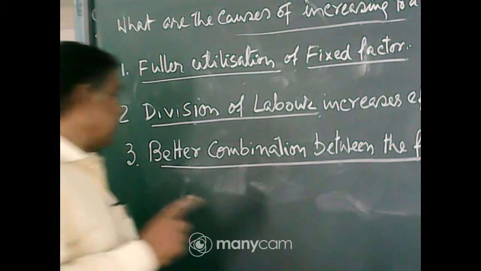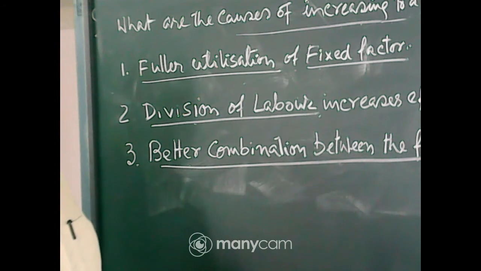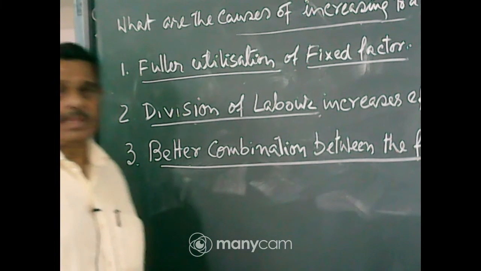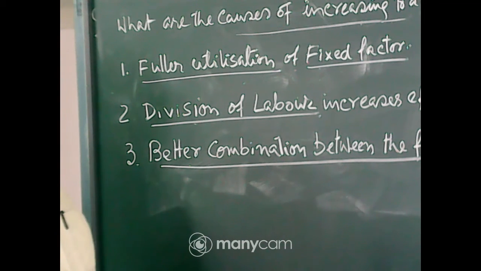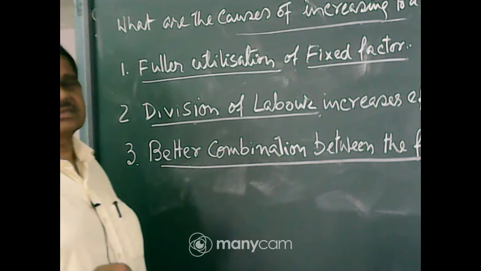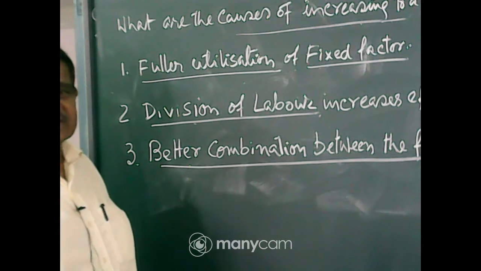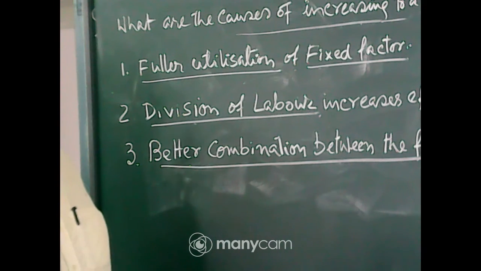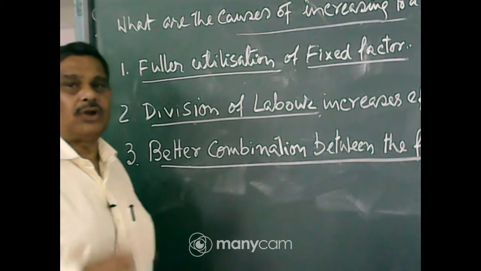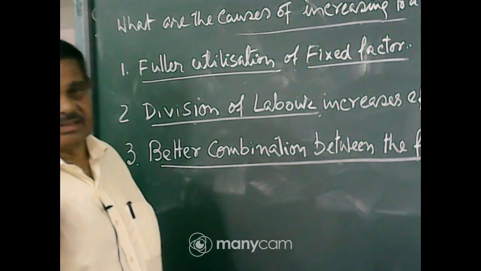Therefore, a better combination. If machines are replaced by workers, then the desirable amount of results cannot be achieved, because what a machine can do, 5 or 7 workers cannot do in the same period.